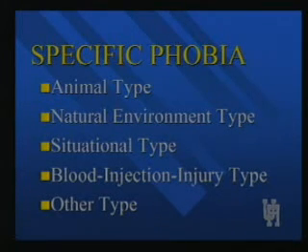Estimates as high as 95% of animal phobias being in women. This probably has to do with some degree with socialization. Little boys are supposed to be brave and go grab the snake and scare their sister with it or something like that. Little girls are allowed to be fearful of animals.